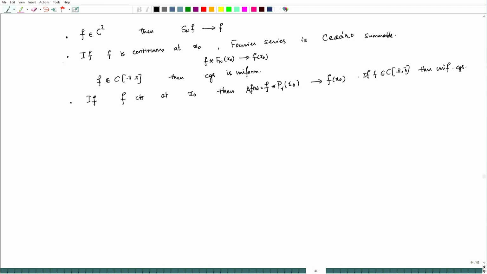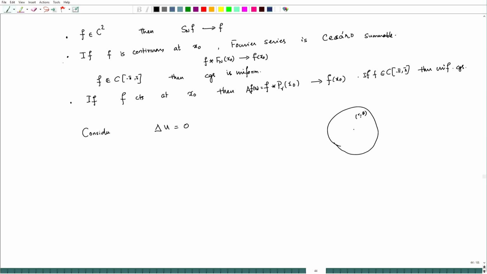Okay, so now let us try to look at some applications of what we have done. Now, consider the steady state equation del u is equal to 0. This is where the region I am considering is the unit disk, and here all these are theta.